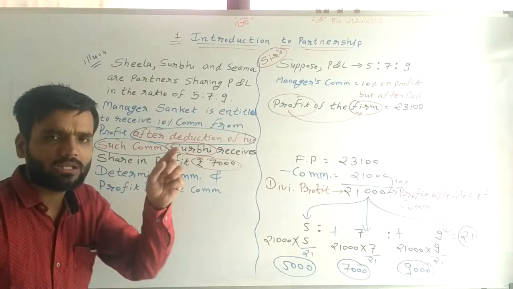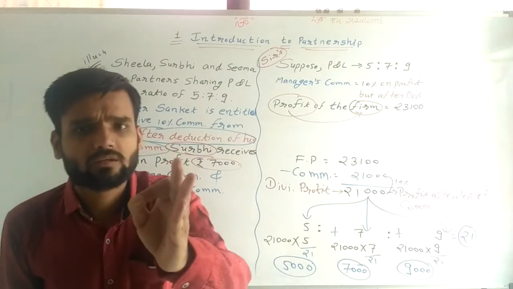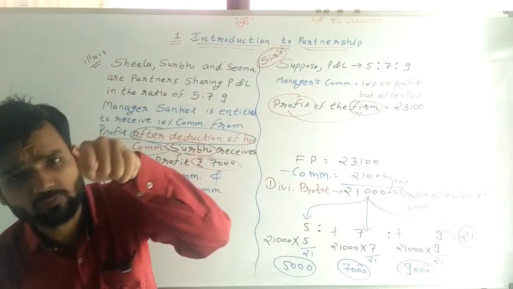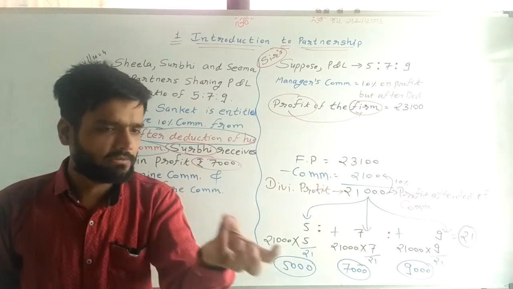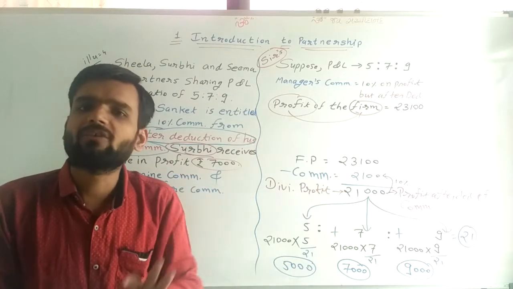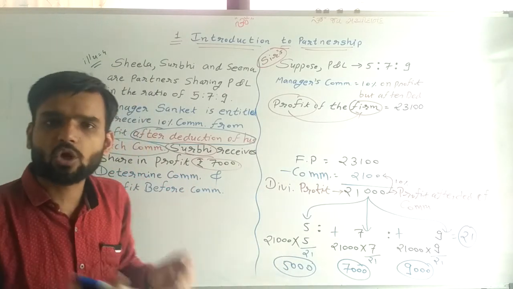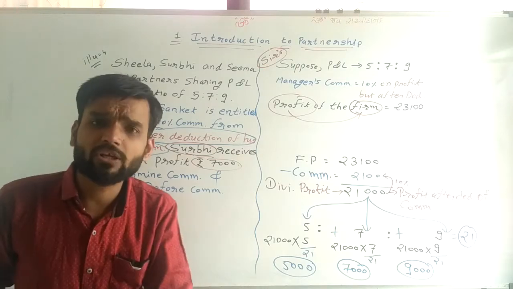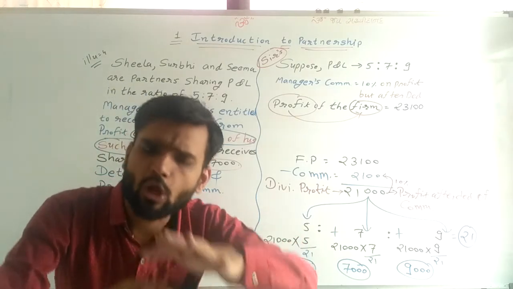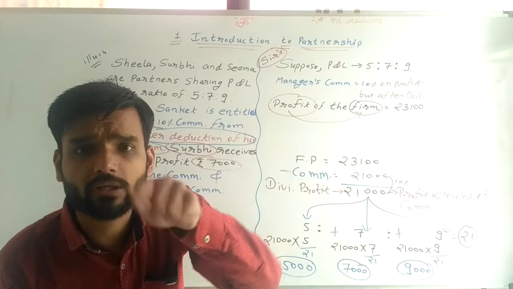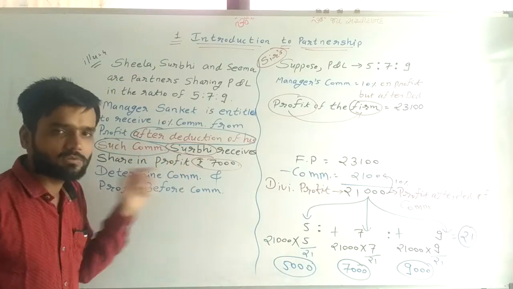Now Surbhi is one partner and Surbhi's profit is given. Divisible profit? Not given. Divisible profit is not given. So firm's profit? No, firm's profit is also not given. What is given? Surbhi's profit is given.